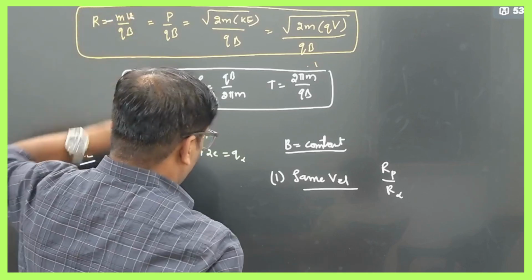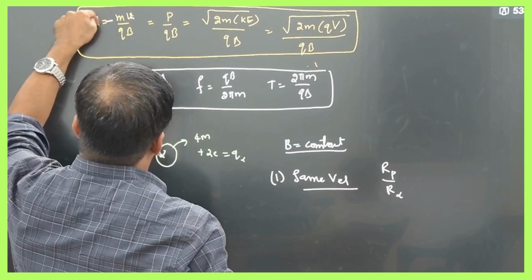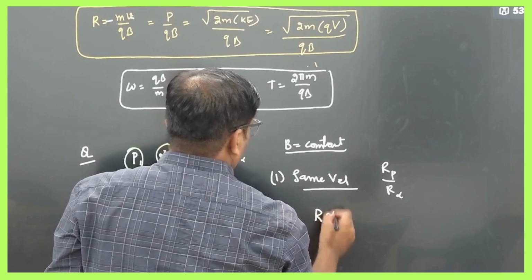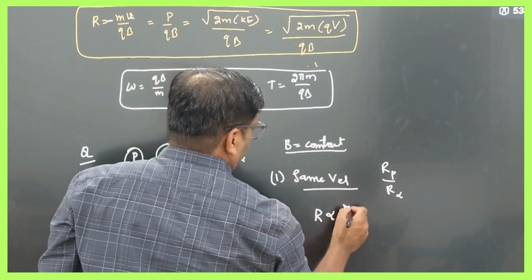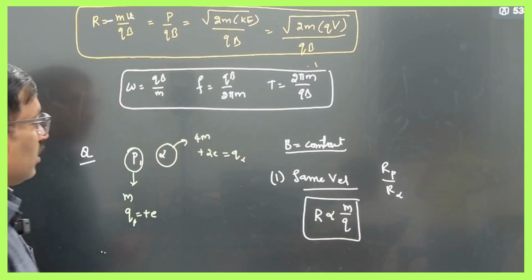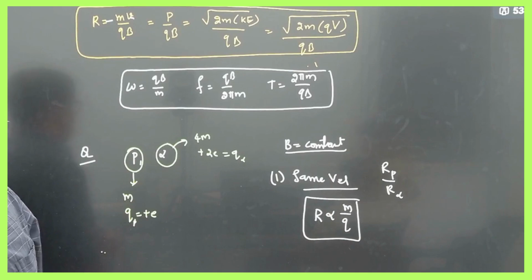So what can you write now? When the velocity is the same, radius is directly proportional to m by q. Clear? Directly proportional to the mass, inversely proportional to the charge.